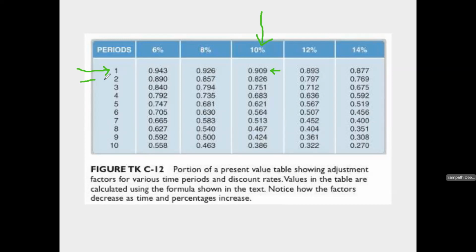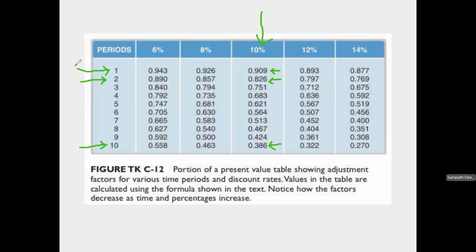So this is how much you have to have to get $1 after 2 years time. Similarly, if you want to get $1 after 10 years time, this is how much you have to have today. I hope now you understand the idea of present value tables.